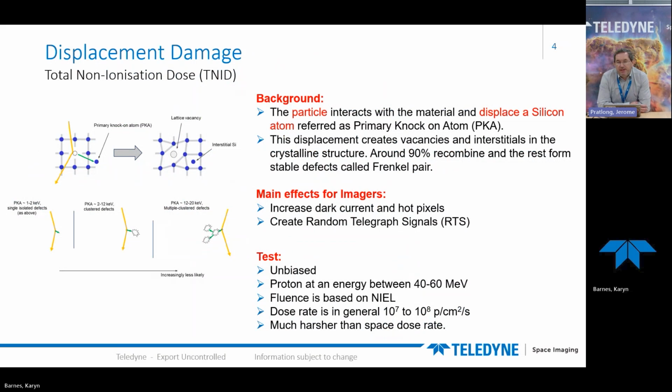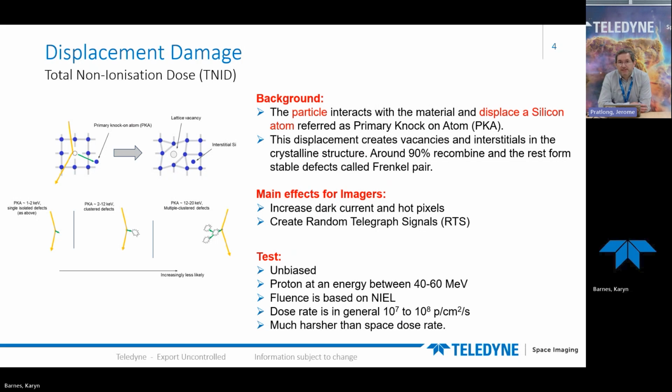The displacement damage comes from particles that interact with the material and displace silicon atoms. This is referred to as the primary knock-on atom. This displacement creates vacancies and interstitials within the crystalline structure. About 90% recombine.